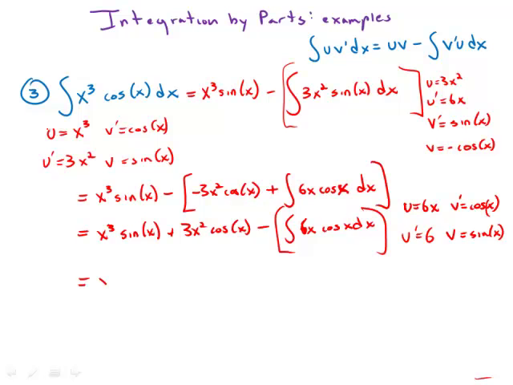And so what we get, our first terms here, x cubed sine x plus 3x squared cosine x, and then minus, inside the parentheses, we have u times v, that is 6x sine x, minus the integral of 6 times sine x.